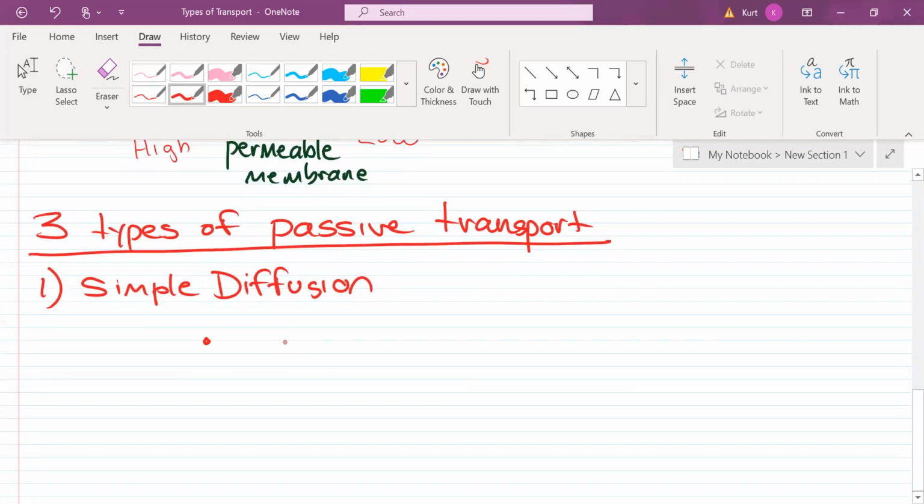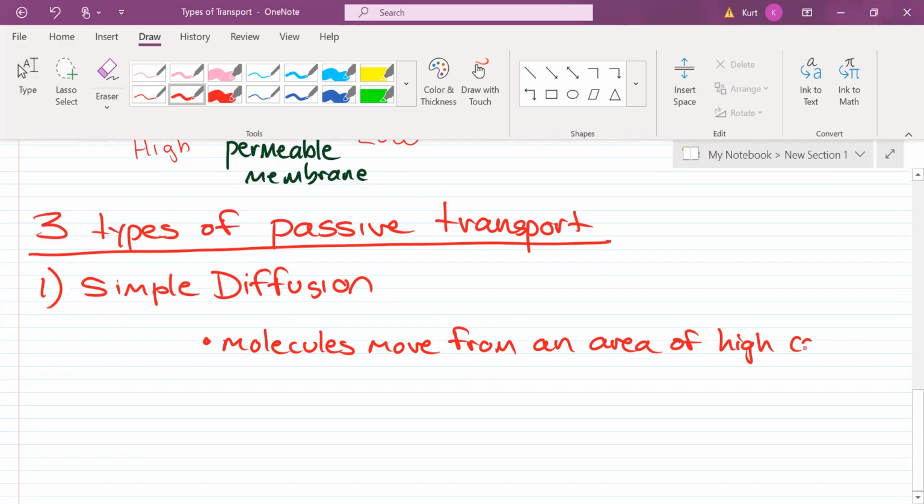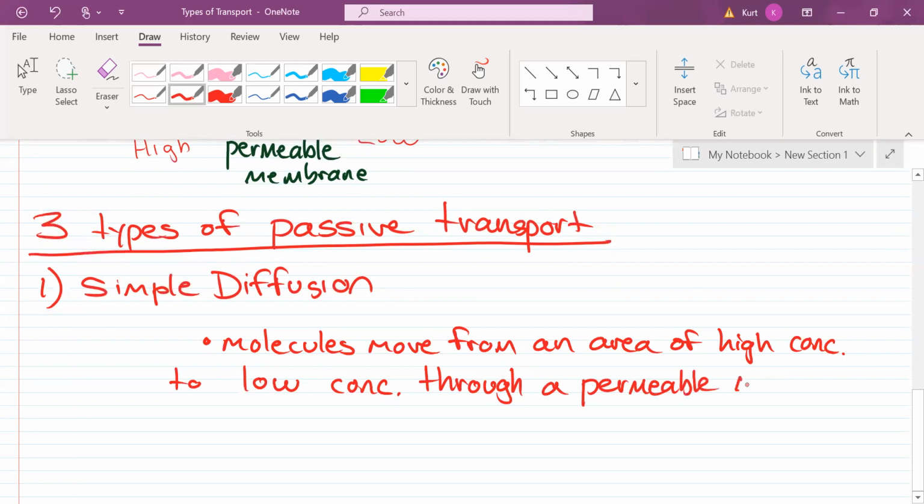molecules move from an area of high concentration to low concentration through a permeable membrane.